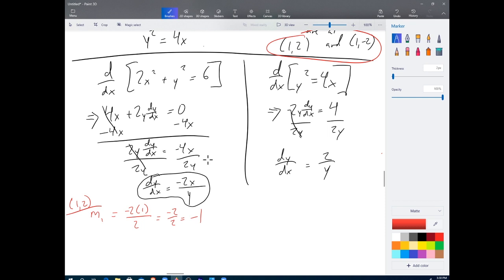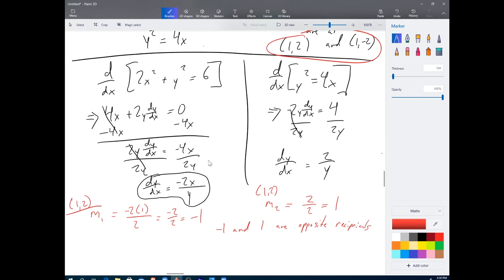And for the same point here, I'm going to call this slope 2 because it's my second equation. I have 2 over y. I plug in my y value. I get 1. And negative 1 and 1 are, in fact, opposite reciprocals.